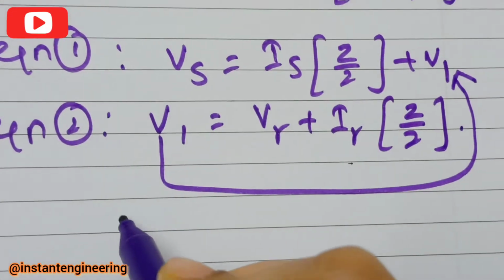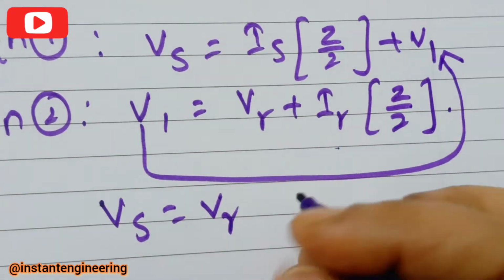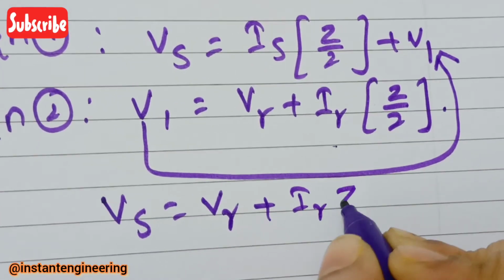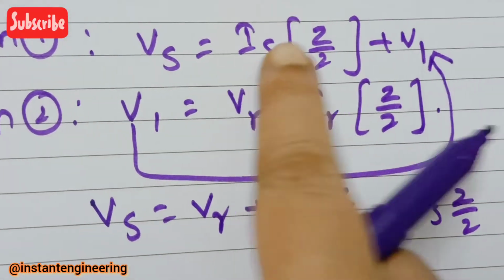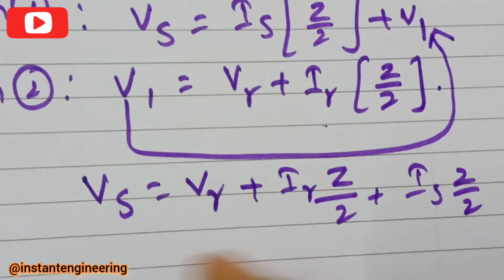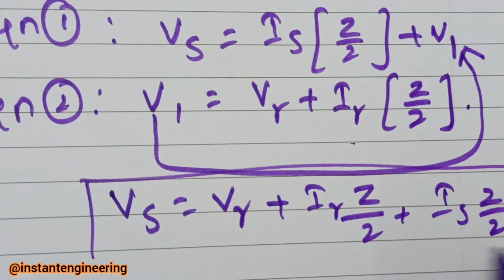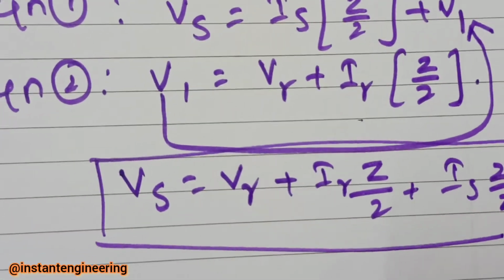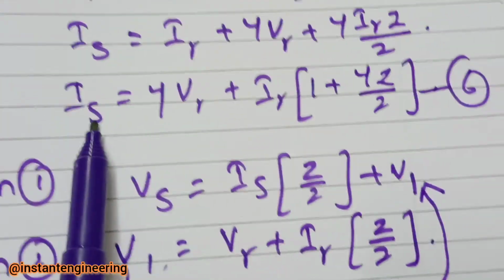You will get the complete thing. VS is equal to VR, this one I am writing here, and that will be IR Z by 2 and IS Z by 2. In the place of V1 we wrote this whole thing. That's it. You got this VS. Consider this as the 7th equation. This is important. You got it, right? Now, see. IS value we got here.